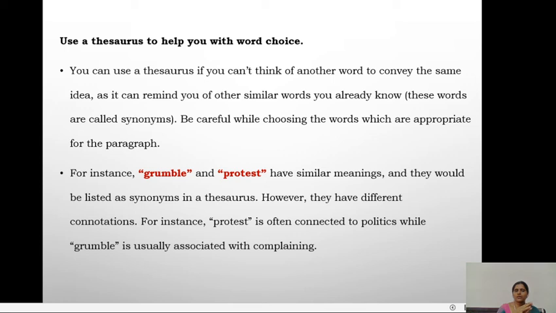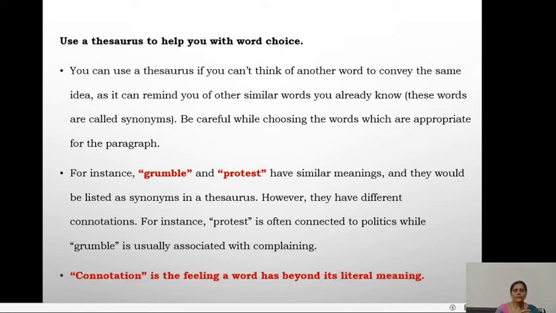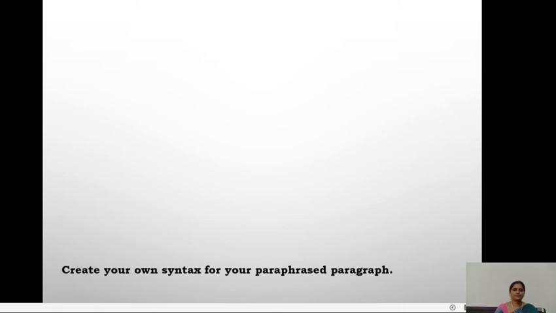They have similar meanings, and they would be listed as synonyms in a thesaurus. However, they have different connotations, like different kinds of uses. Protest is often connected to politics, while grumble is usually associated with complaining. So they are both treated as synonyms, but we have to check whether that particular word can be used in our context or not.